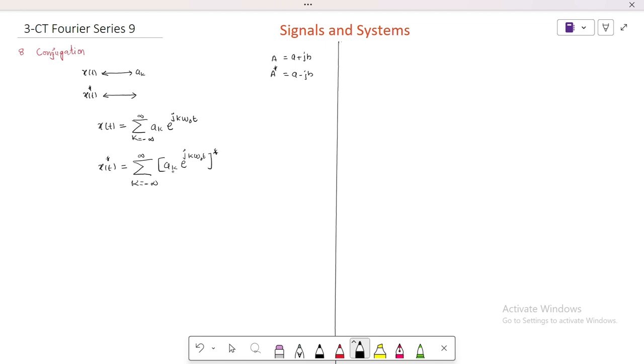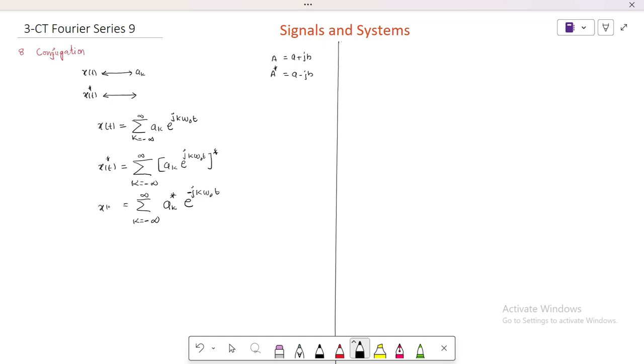So here we have two functions, split: a_k complex conjugate, and e power j k omega naught t, which is already a complex number. Applying the complex conjugate, the j gets the minus sign: minus j k omega naught into t.